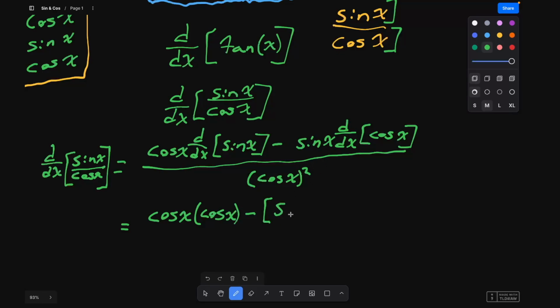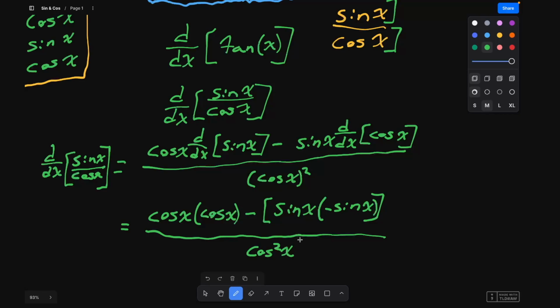So we have sine x times the derivative of cosine x, which is negative sine x. And then that is all over cosine squared x. I just rewrote this by bringing the 2 above the cosine.